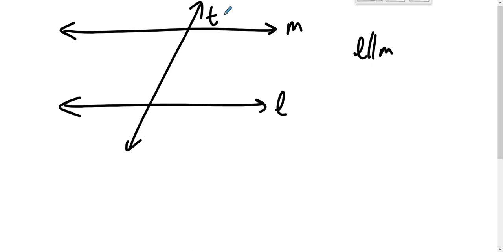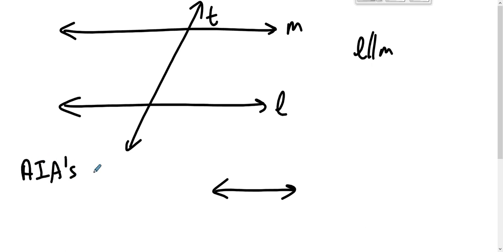So I want to come up with something that sort of feels like AIA, but in hyperbolic geometry. And so we're going to set up a biconditional, and here's the biconditional.